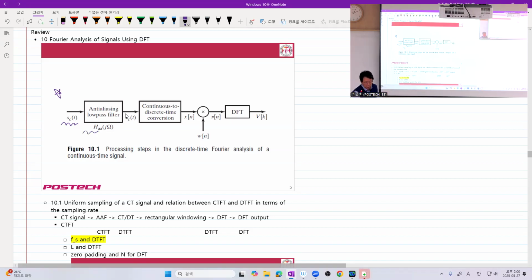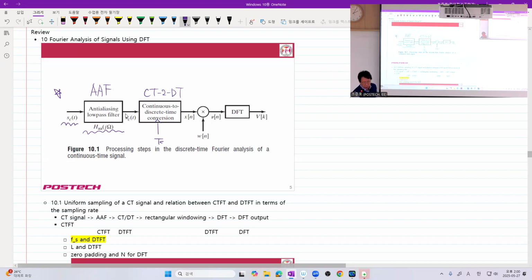So sometimes, as a trade-off, we put an anti-aliasing filter, AAF, to cut out any frequency content that may cause frequency domain aliasing. Then here, we perform CT to DT transformation, especially by using the uniform sampling.